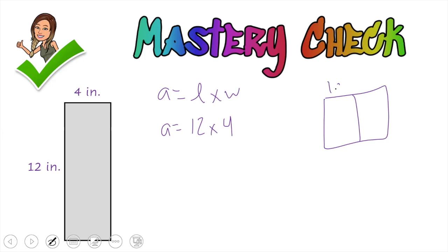I'm going to have 10 and 2 and 4. 4 times 10 is 40. 4 times 2 is 8. Add that together to be 48. So I know my area is 48 inches squared.